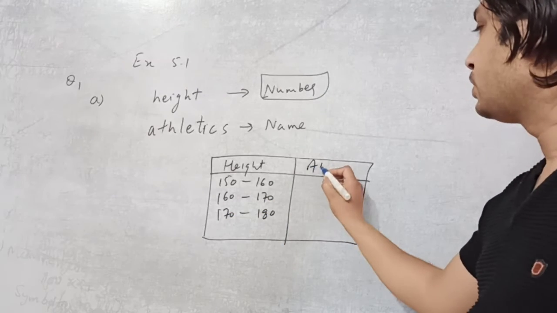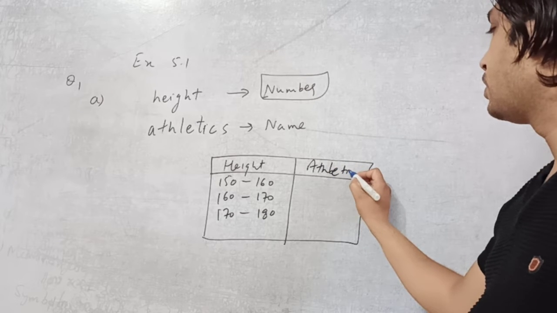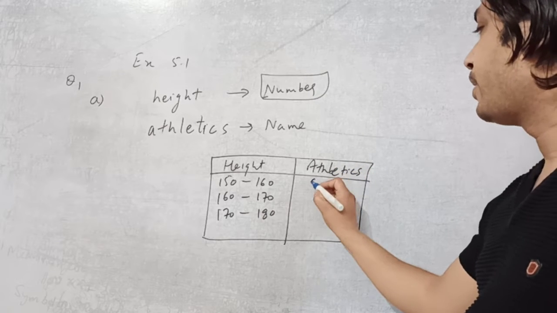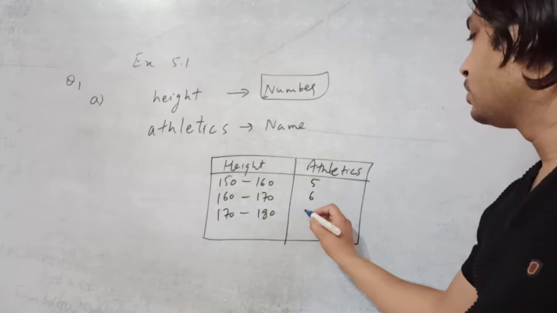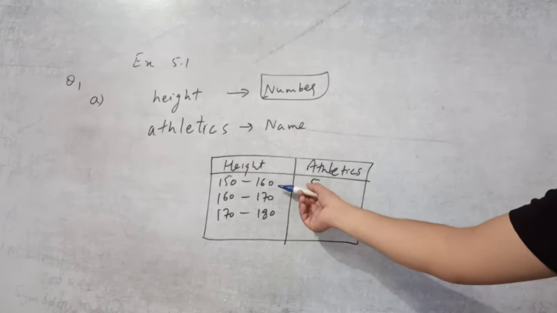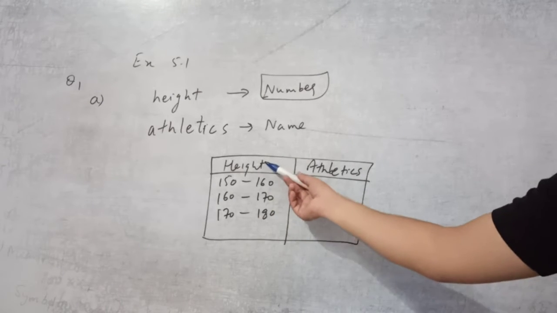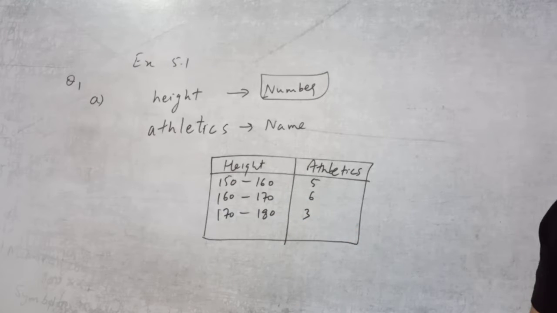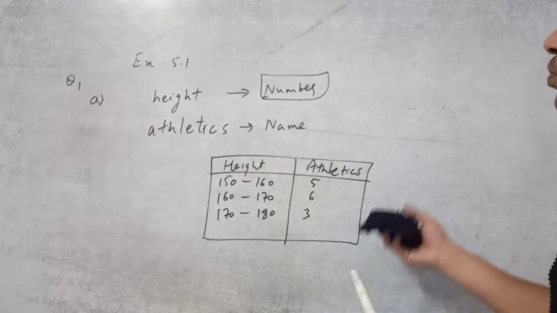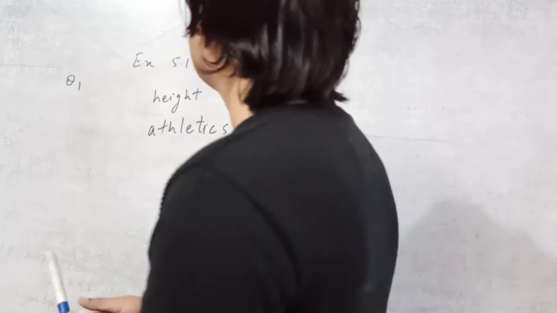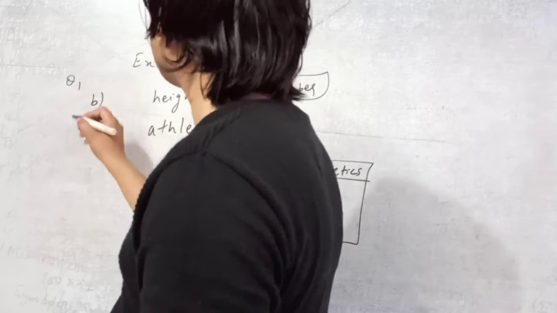Here, if 5 athletes are there, here 6 are there, here 3 are there. So like this, with the help of the height, we can draw the intervals. That's why we can represent the histogram here, because it is dividing into intervals. So this is B1.